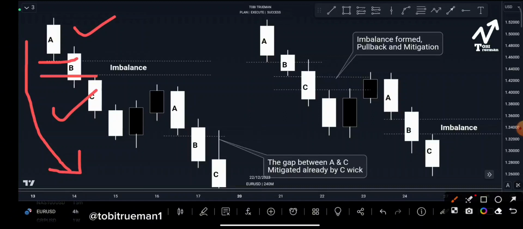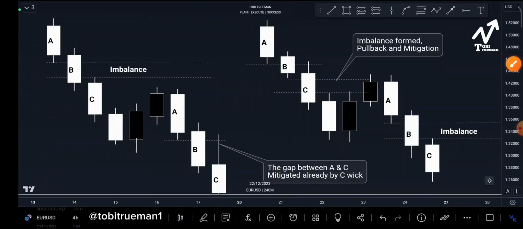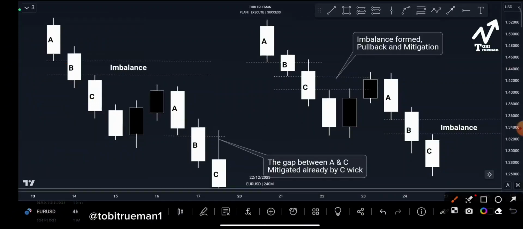The same thing also applies for a bullish market. So when you look at the first candle A, then candle B and candle C, you will see from the left-hand side, candlestick A wick and candlestick C wick.